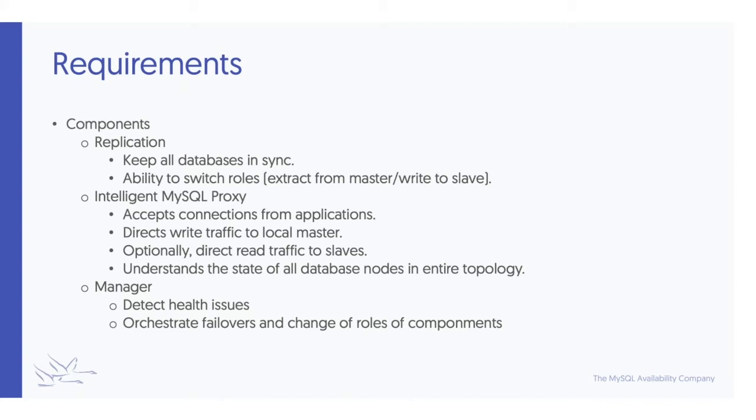So we need a manager to check the health of each node in the cluster and to be able to orchestrate failovers and changing the roles of all components. So the manager must notify the replicator that, hey, we're promoting a slave to a master, and it needs to notify the proxy as well. So we have a complete orchestration of a failover or just a switch.